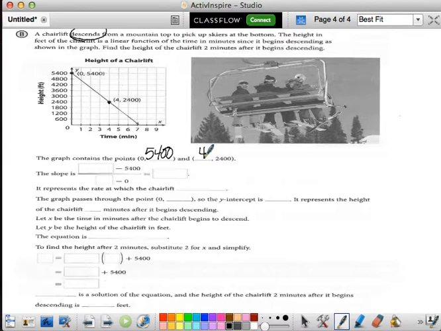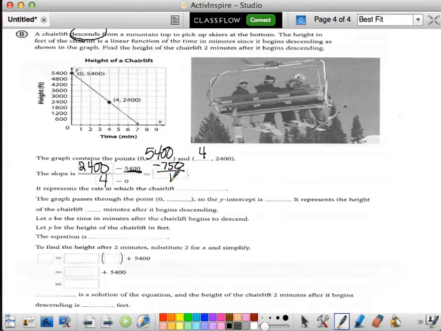So here my y2 is going to be 2,400, and I use the 5,400 as y1. My x2 is 4. When I do that, I get a slope of negative 750 over 1. I'm not going to do all the math in this case. When you simplify it, you end up with a slope of negative 750.